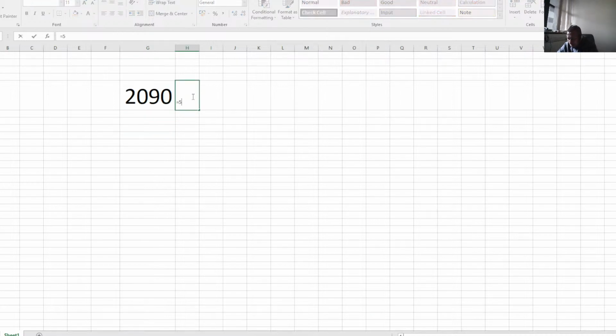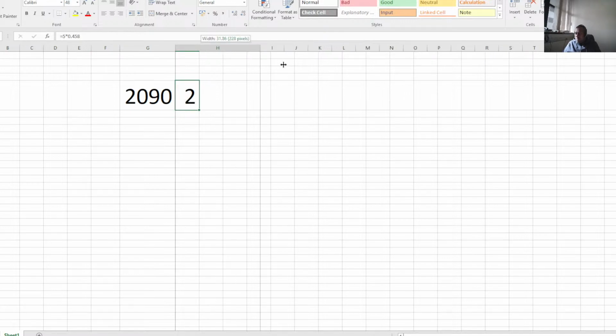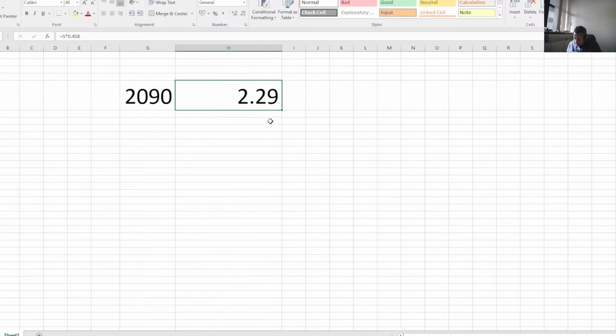Equals 5 times 0.458. Go to 48 also. 2.29 into T final minus 353 must be equal to 0.